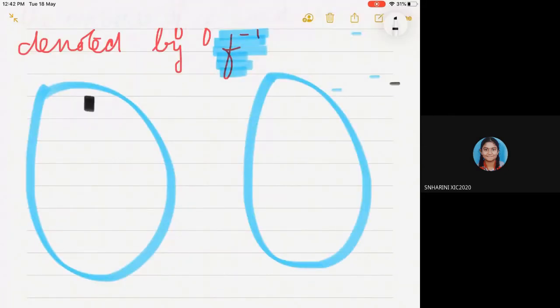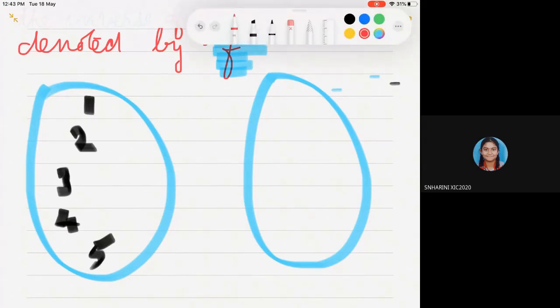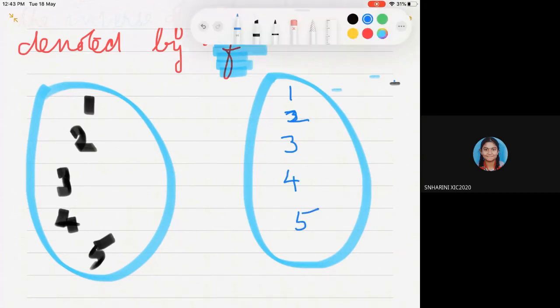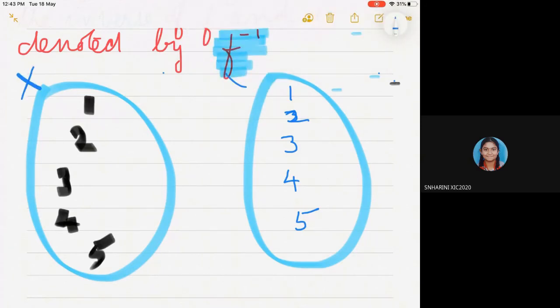I am writing here 1, 2, 3, 4, 5. Here I am writing 1, 2, 3, 4, 5. Suppose I am making a mapping, like a function from x to y. Here is your x, here is your y.